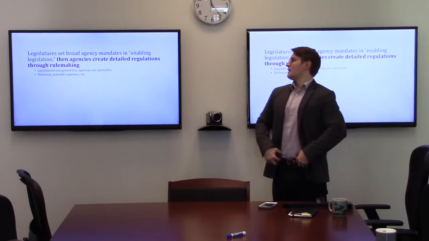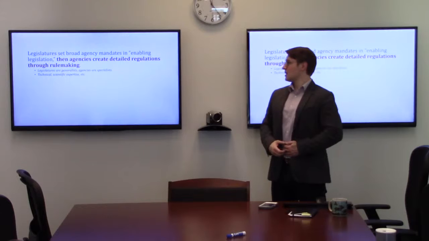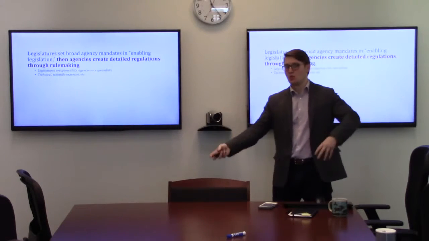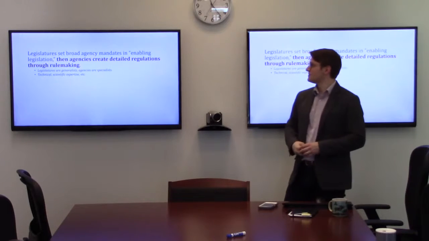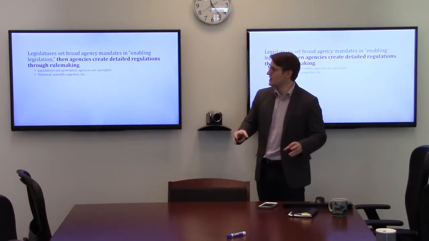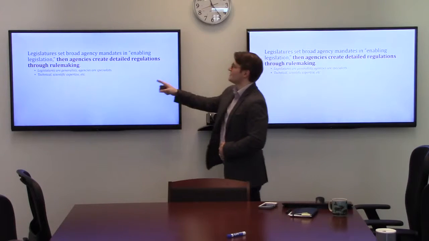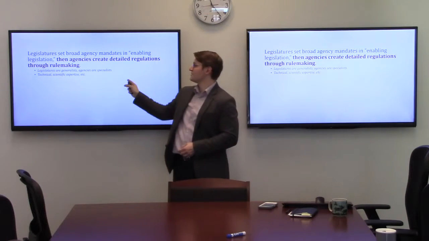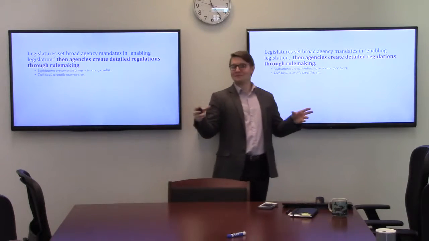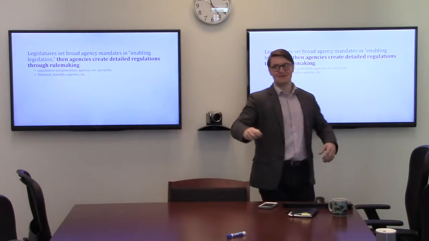So what happens is, legislatures set broad agency mandates in what's called enabling legislation or organic legislation sometimes. And then agencies create detailed regulations through rulemaking. So legislators are the generalists, agencies are the specialists, right? And again, that makes sense. The legislature is going to be filled with folks who say it's important for food to be healthy, right?